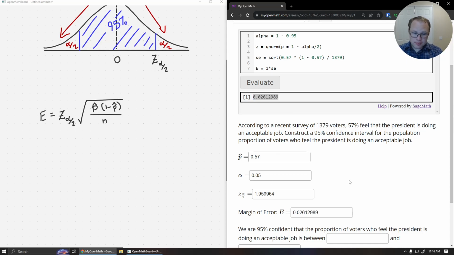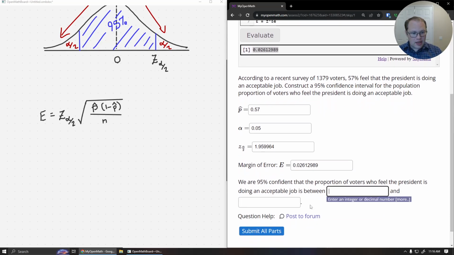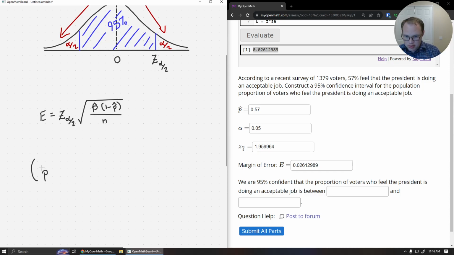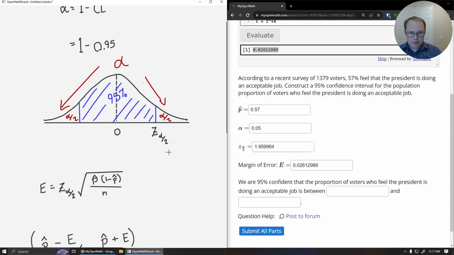Okay, we're almost done. To find the actual bounds for our confidence interval, we want to take our point estimate, p hat, and subtract our margin of error. That'll give me my lower bound. And then take my point estimate, p hat, and add my margin of error. That'll give me my upper bound. Okay?